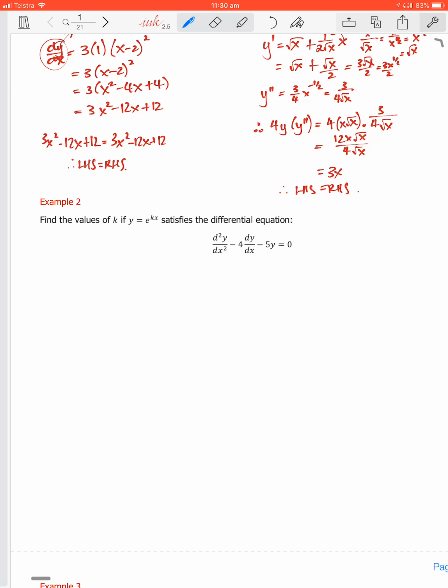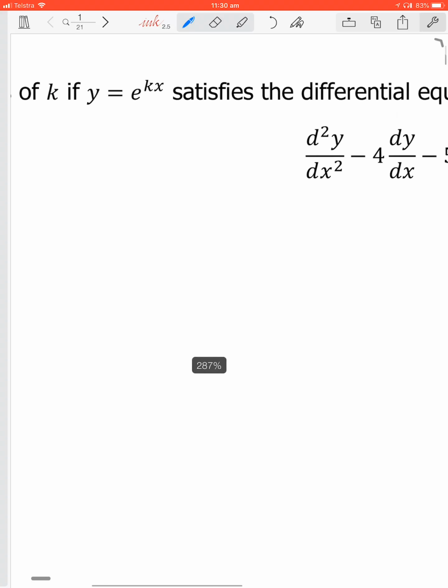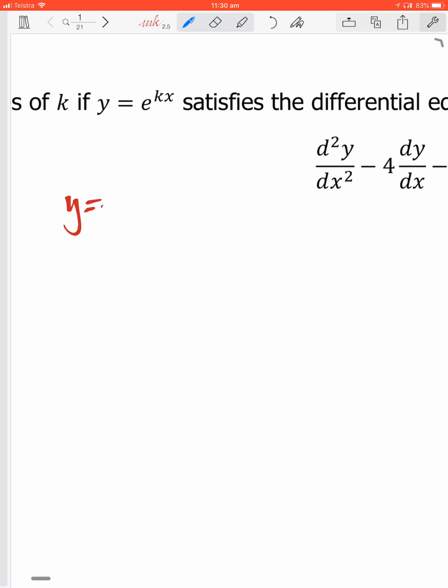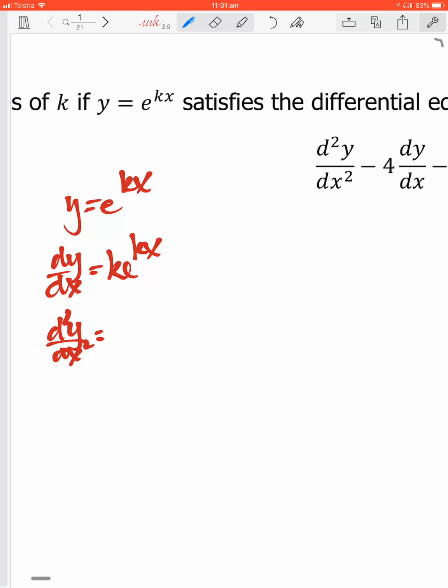Okay, find the values of k if y equals e to the kx satisfies this equation. So we know y equals e to the kx. So dy/dx is going to be ke to the kx, and d squared y/dx squared is equal to k squared e to the kx.